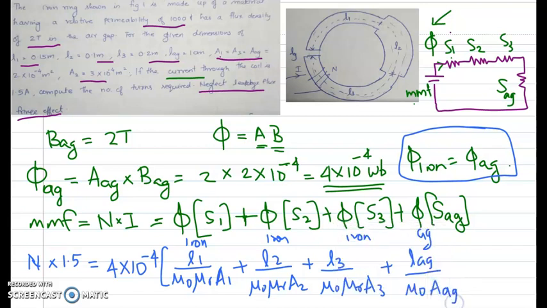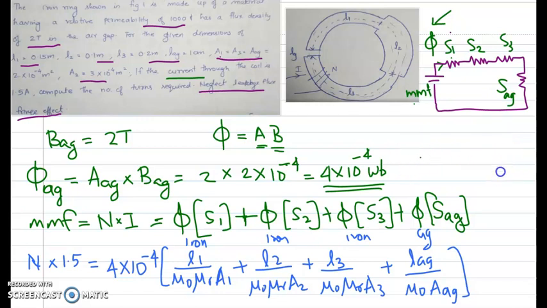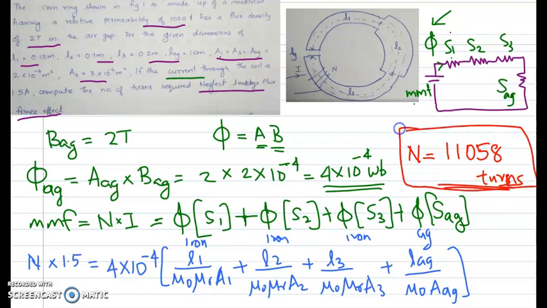You can find this out, and you will get the number of turns for this particular problem. After the solution, N will be equal to 11058 turns. This will be the final answer.